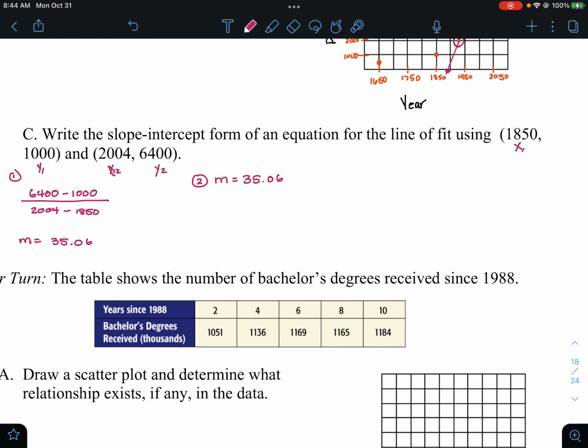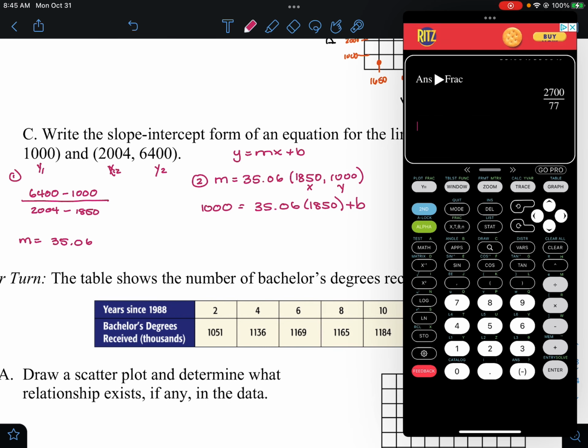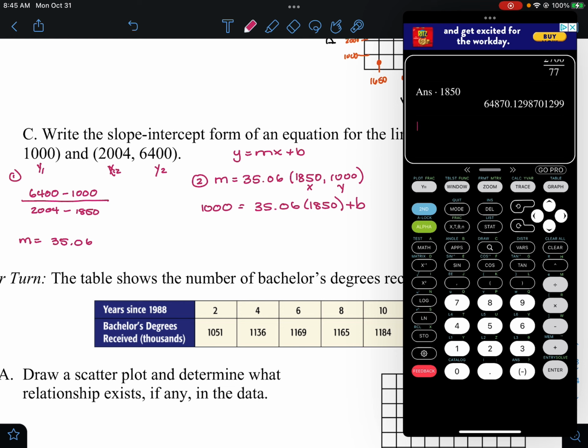So now that we have our slope, we're going to use that and one of the ordered pairs. I'm going to use 1850 and 1000. So that's x, that's y. So we get 1,000 equals 35.06 times 1850 plus b, because remember it's our y equals mx plus b. So I'm going to take that times 1850. So 1,000 equals 64,870.13.